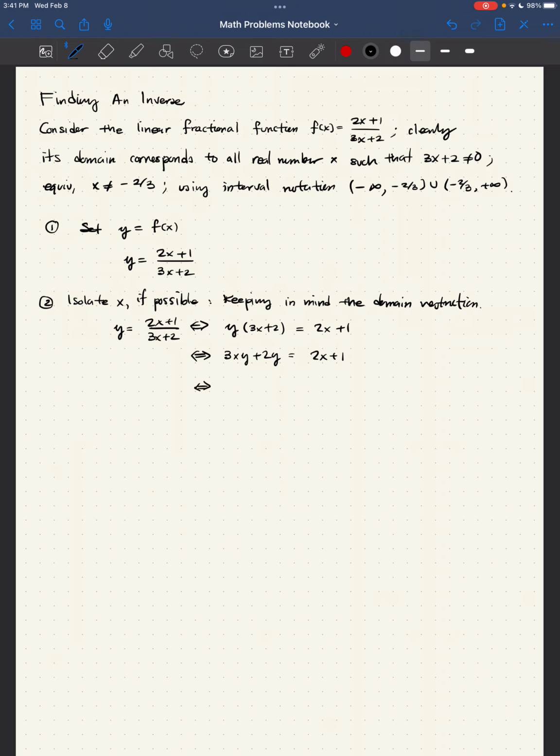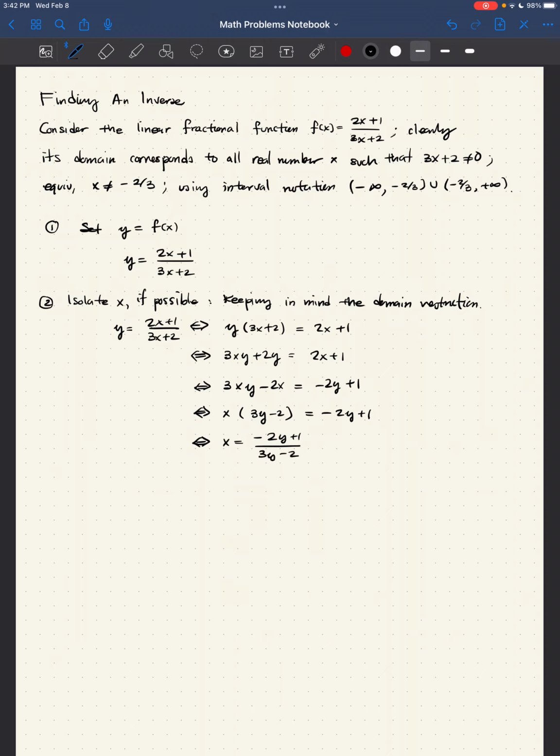Keeping with the manipulation, we can write 3xy minus 2x is equal to negative 2y plus 1. Then this is x times 3y minus 2 equal to negative 2y plus 1. Finally, dividing both sides by 3y minus 2, we get that x is equal to negative 2y plus 1 divided by 3y minus 2.